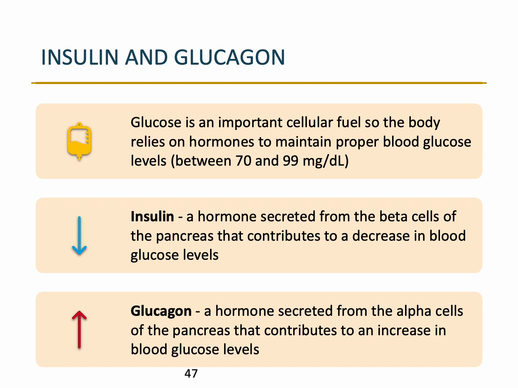When blood sugar drops, or when we need a rise in blood sugar, the body releases glucagon. That hormone is secreted from the alpha cells of the pancreas, and that hormone tells the cells of the body to break down stores of glucose and release them into the blood, and that raises blood sugar levels. So insulin decreases blood sugar levels, glucagon raises blood sugar levels.